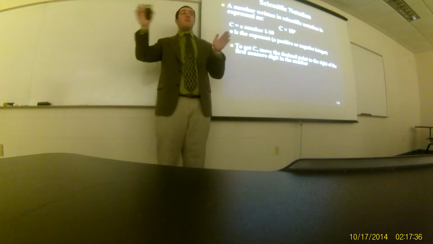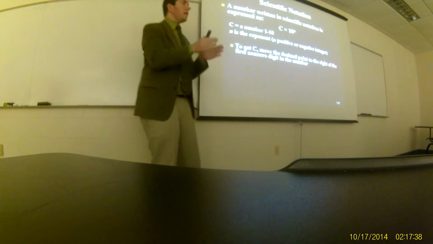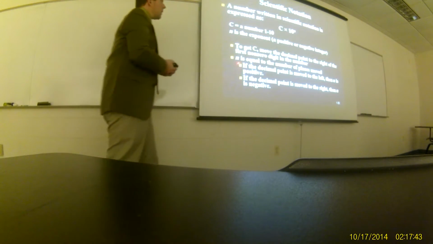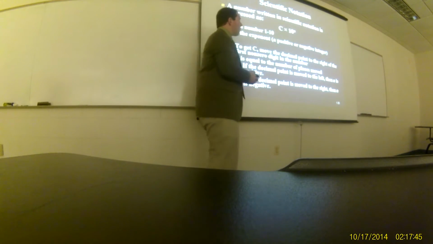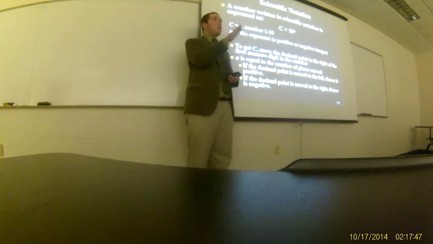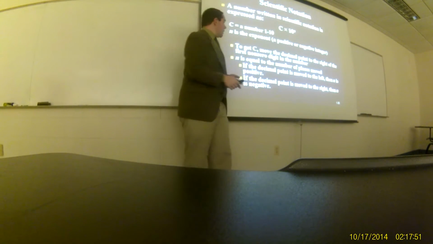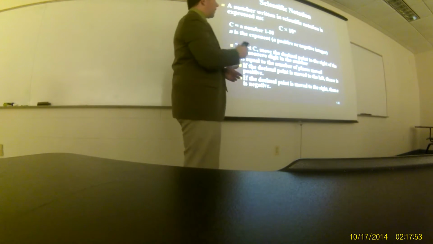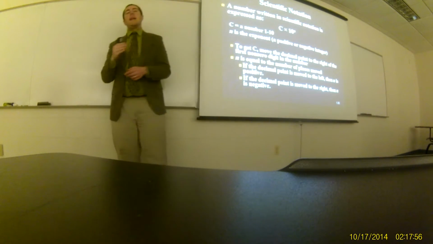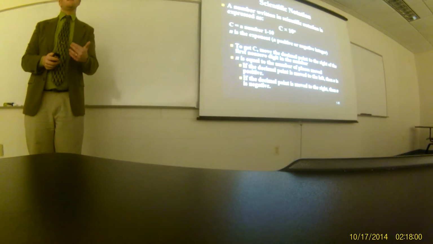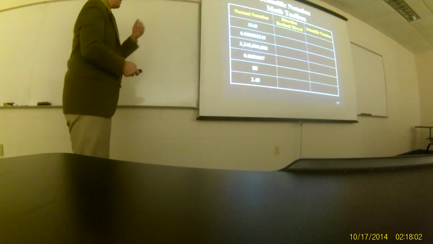Wherever the decimal point is to start with, we're going to move it to the same spot always. N is going to be however many places you had to move the decimal place to get to where you stopped. If you move the decimal point to the left, N is going to be positive. If you move the decimal point to the right, it's going to be negative.